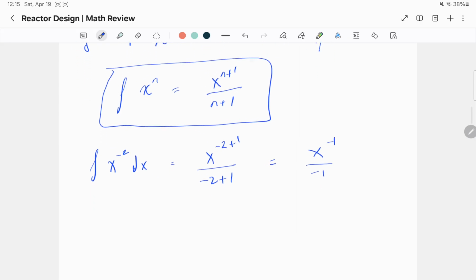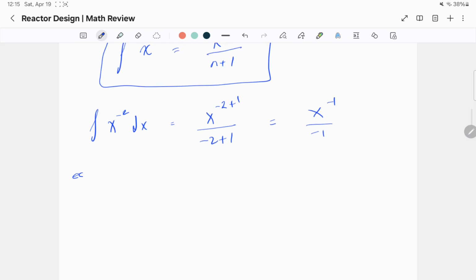Okay, now let's do some examples that are related to reactor design. So we'll say integral of square root of Ca dCa. We'll rearrange that to write it in a different form. The square root is basically to the power of a half. So Ca to the power of a half dCa.